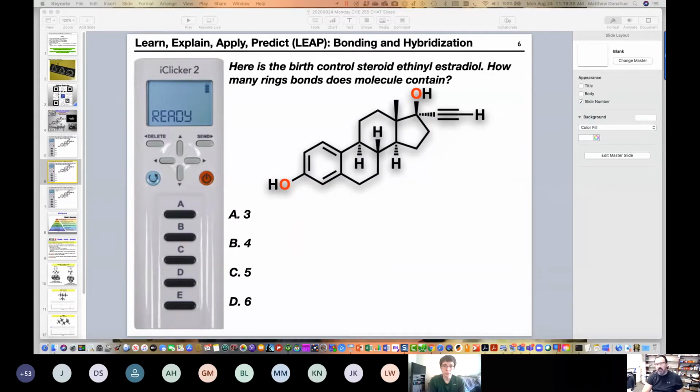What you've just done is an exercise in determining degrees of unsaturation. You've done it visually. You've counted the pi bonds, you've counted the rings. I'm going to post a recorded lecture in a little bit after this about how we do that with a molecular formula. If you are not given the structure itself, and you were just given a molecular formula, how could you do the same thing?